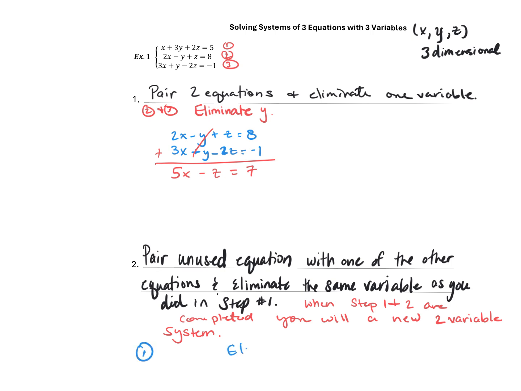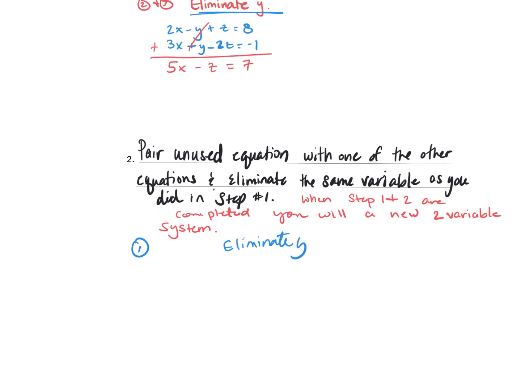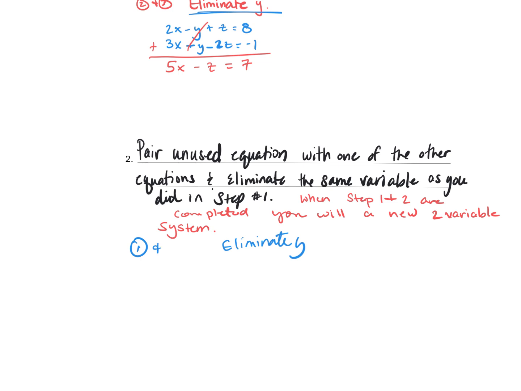I have to eliminate y, because I eliminated y up here in step 1. So if I want to eliminate the y, I'm going to just go ahead and do equations 1 and 2, only because I can see when I write these out. I'll show you. I'll write them down here.